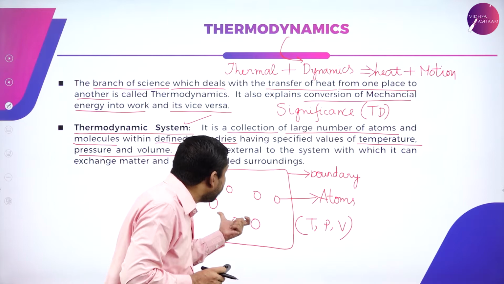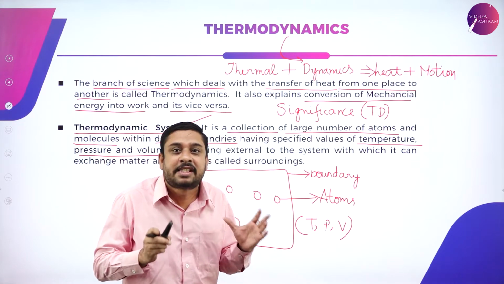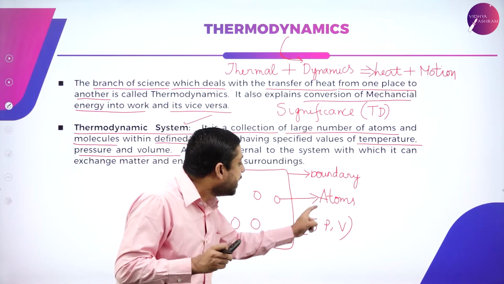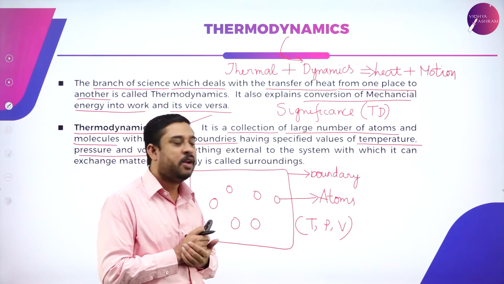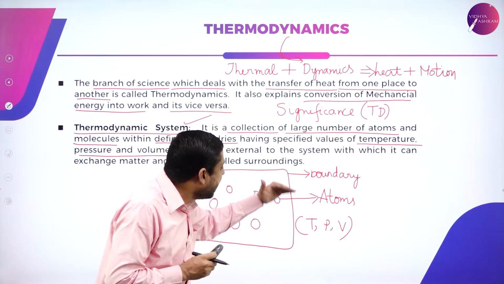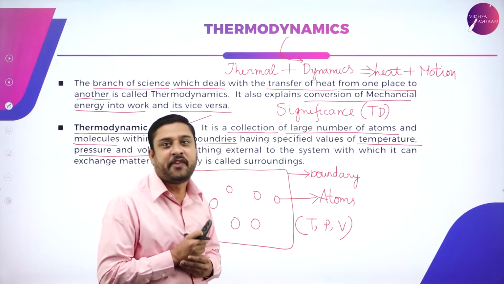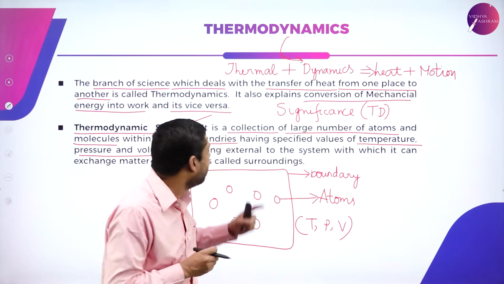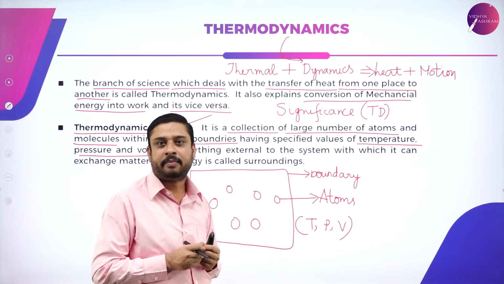They should experience specific pressure. Constant pressure should be acting on them, and specific values of volume. Once these three parameters are satisfied, then you say that is a thermodynamic system.